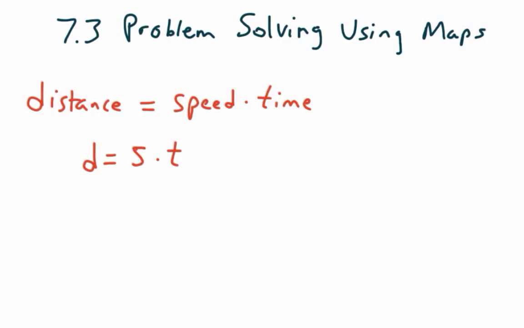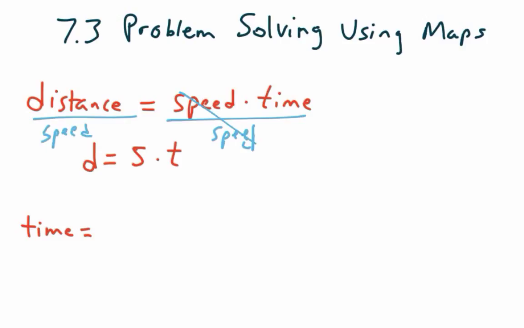But the other one that often comes in handy is going to be time. A lot of the time the questions are going to be, how long is it going to take to do this thing? So if we take this original equation and we're trying to solve for time, do you agree if I divide by speed, that would give me time by itself?